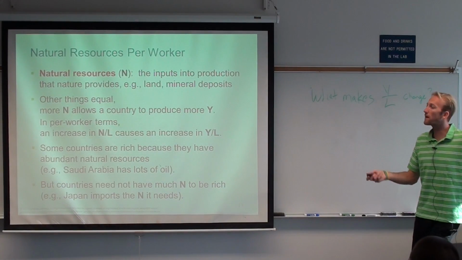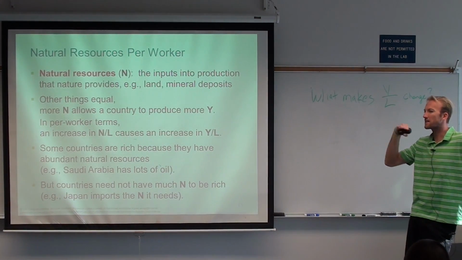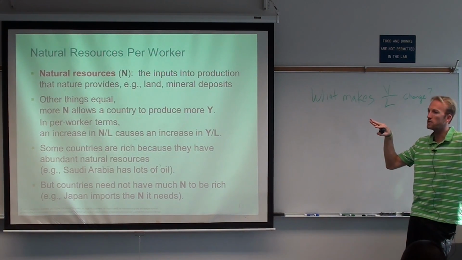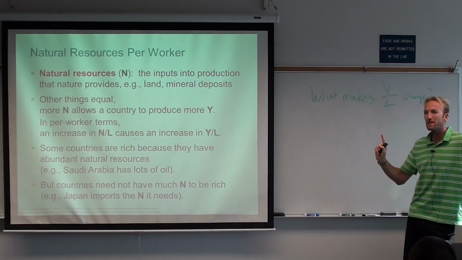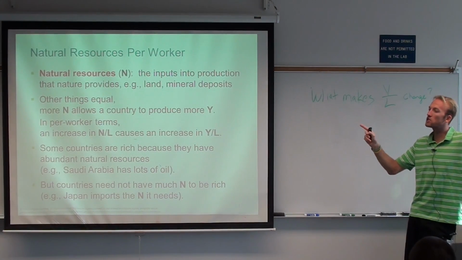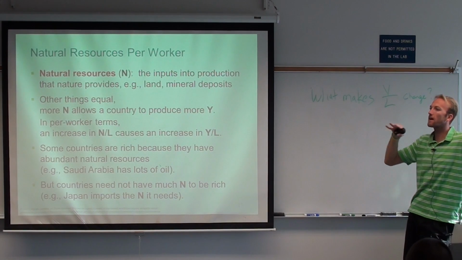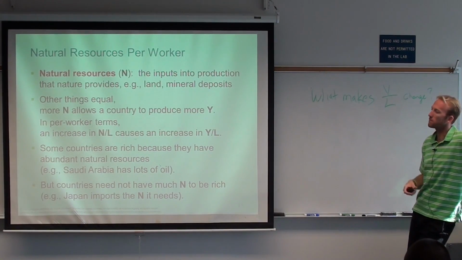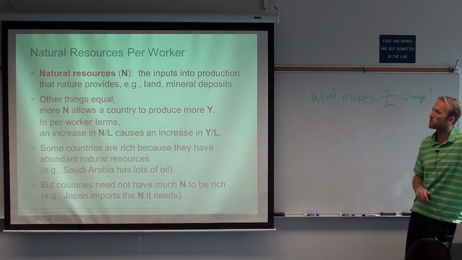But it's still very important in determining the starting level of where people's GDP is. It's probably less of a determinant of the growth rate of GDP over time. That's my personal opinion, that natural resources per worker doesn't change the growth rate quite as much.